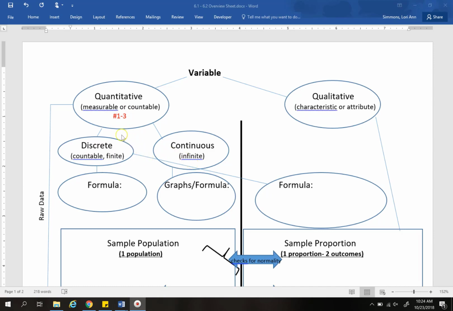In this chapter we're going to be focusing on discrete, and then in chapter 7 we will work on continuous. So here for discrete, you can see that we have two bubbles that we're going to fill in for this chapter. The first bubble here will be on 6.1, and then over here will be 6.2.